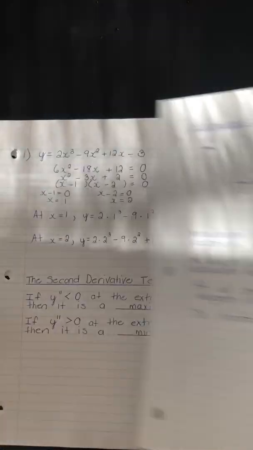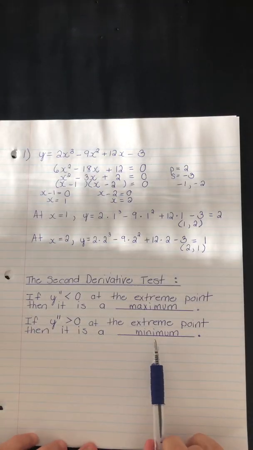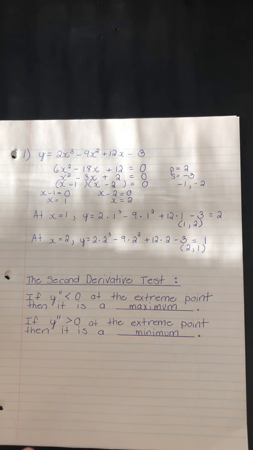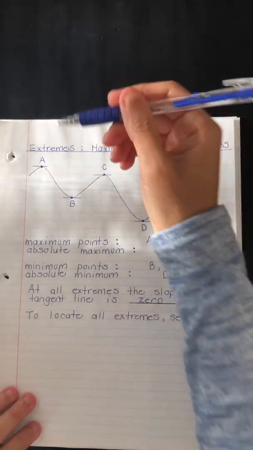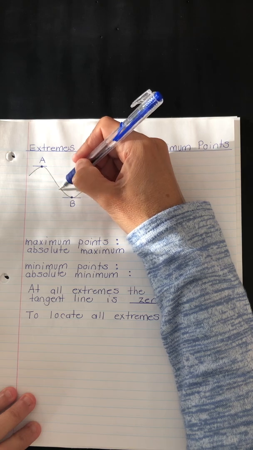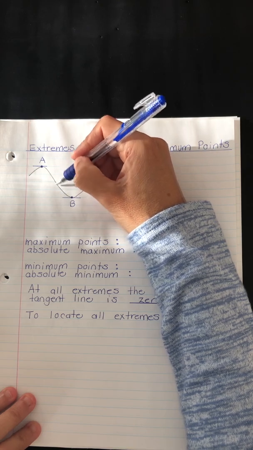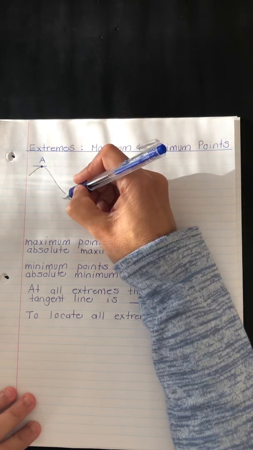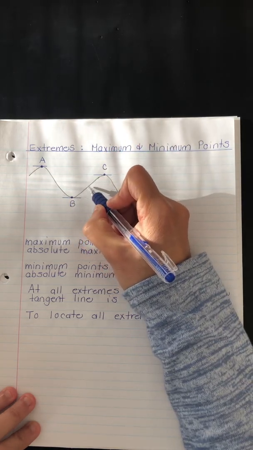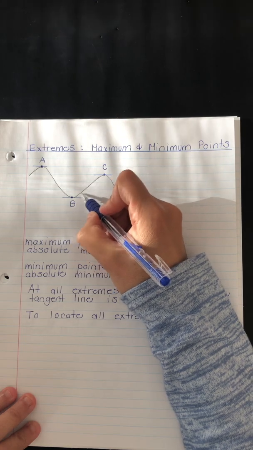Okay, and the reverse, of course, will be true. At a minimum point, y double prime is positive because the first derivative is increasing at a minimum point. So here's a minimum point. To the left of it, we have a negative first derivative. Then the first derivative is 0. Finally, it is positive to the right.